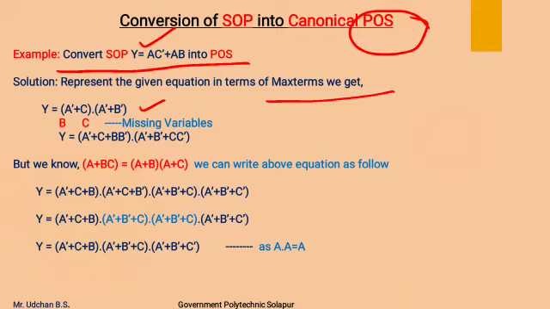That is, this is same like a duality theorem, where normal variable is represented as complemented variable and complemented variable is represented as normal variable, and AND operation is replaced by OR and OR operation is replaced by AND. This is how we get the equation in the form of max term.